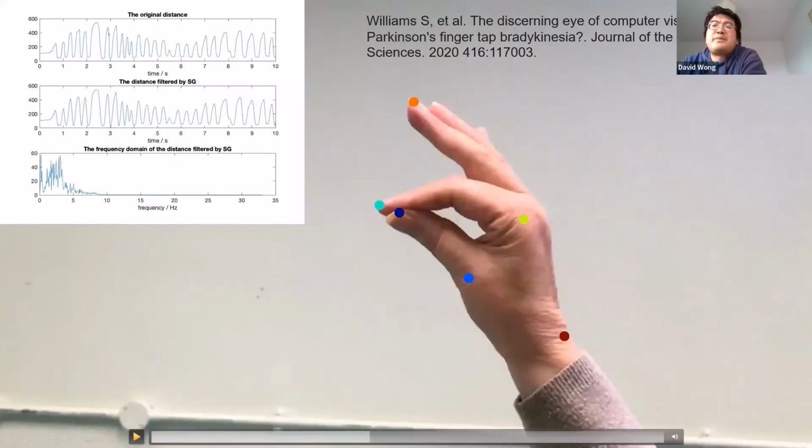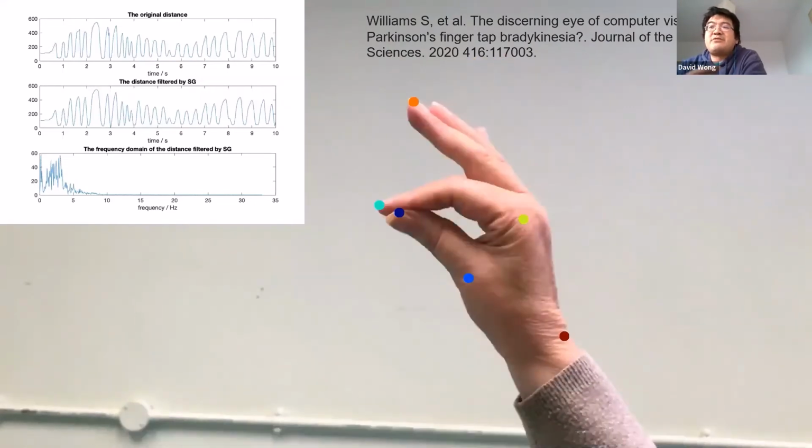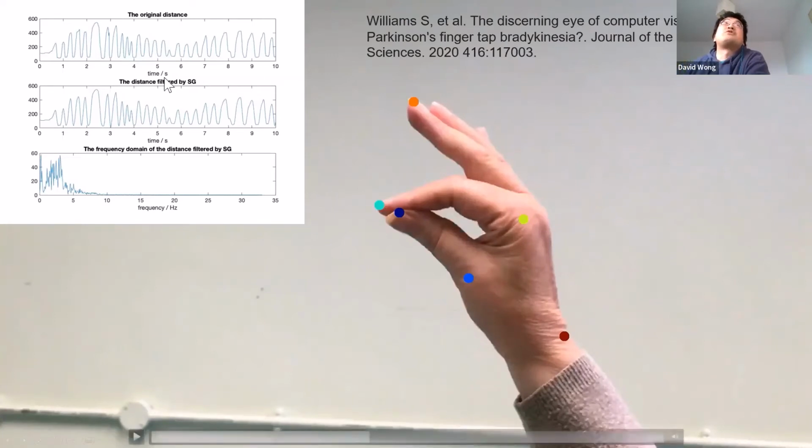So by using this motion tracking neural network, we generated thumb-finger distance plots for each video, and that's what you can see on the top left. The raw signal is in the top, a lightly filtered version is in the middle, and at the bottom is the Fourier transformed version, so converting this somewhat repetitive signal into the frequency domain.